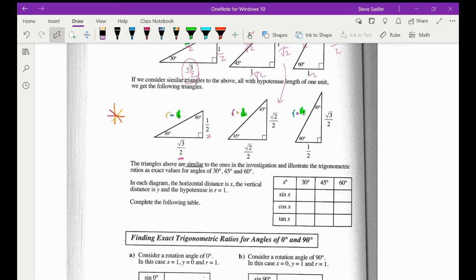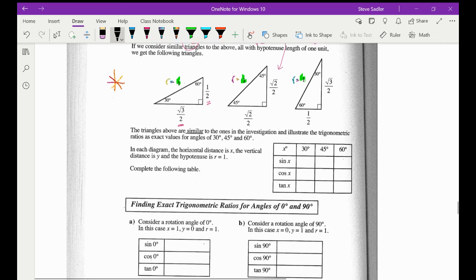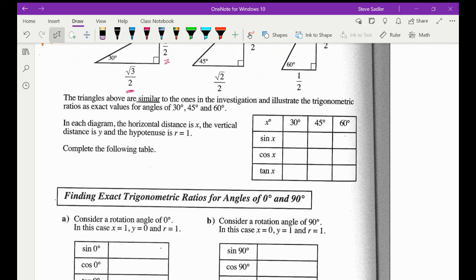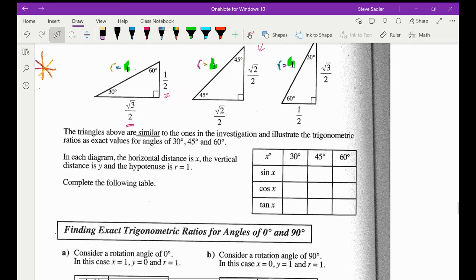So when that's the case, then we can use that to fill out our little table here for 30, 45, and 60. We know that sine is going to be y over r. So sine of 30 is going to be 1/2. So this is y, x, and r.